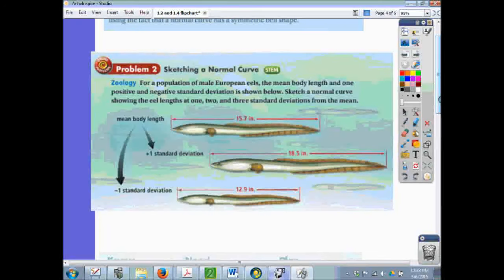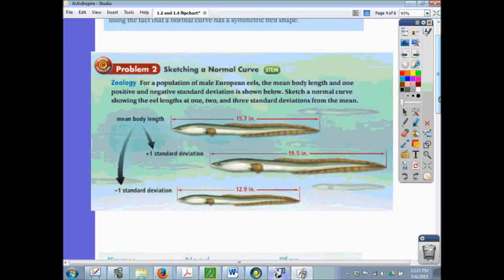Ooh, here's a tricky question. What is the standard deviation? How do we know that? They've told us what plus 1 standard deviation is. It's 18.5. What's the difference between 15.7 and 18.5? 2.8.